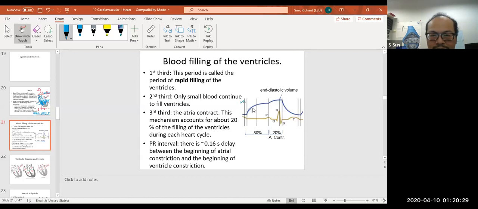It was 0, fills up to about 80%. And then here is P, squeeze another 20% to make it 100%. So here it is 80%, this is 20%, make it 100%. So atrium contraction makes it full. And following that, the QRS is the ventricular contraction.